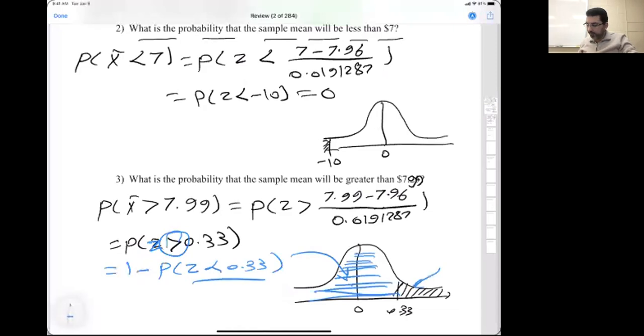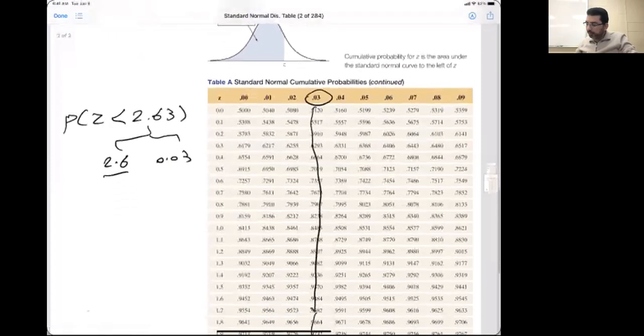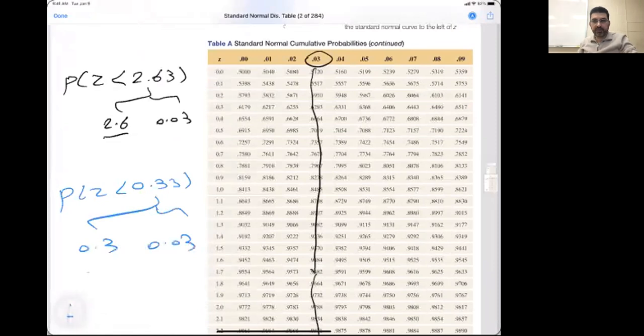So from the table, we will find the area to the left of 0.33. It's a positive number, so we divide it into 0.3 and 0.03. 0.3 is here, 0.03 is here.